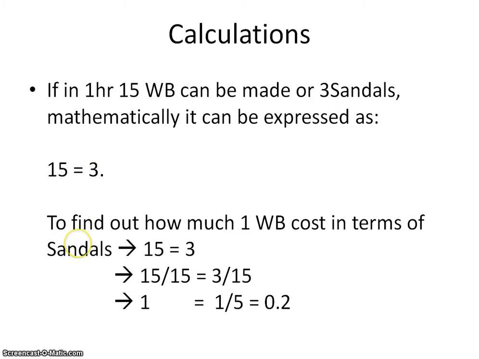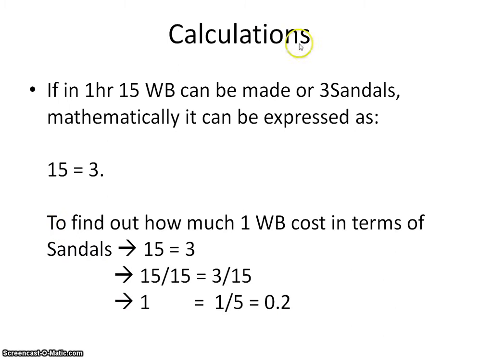So to find out how much one wristband costs in terms of sandals, mathematically we have 15 equals 3. Therefore, to get 1, we have to divide the left hand side by 15, which gives us 1. So if we divide the left hand side by 15, we have to divide the right hand side by 15, and we have 3 over 15, which is 1/5, and therefore we get a value of 0.2.